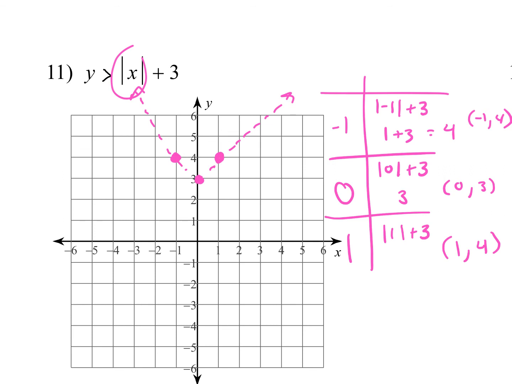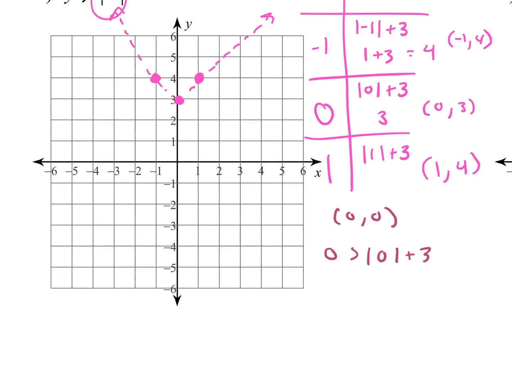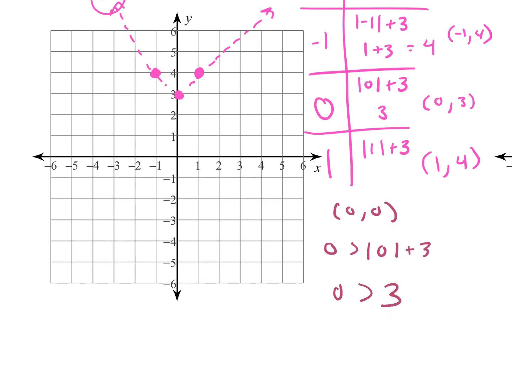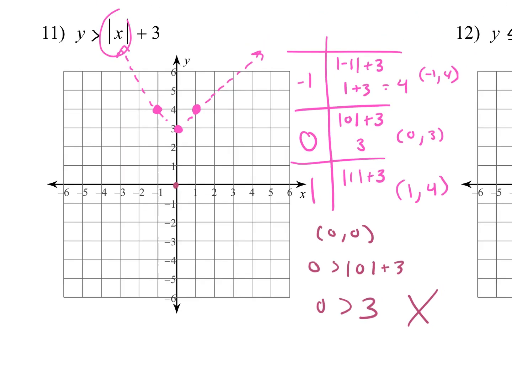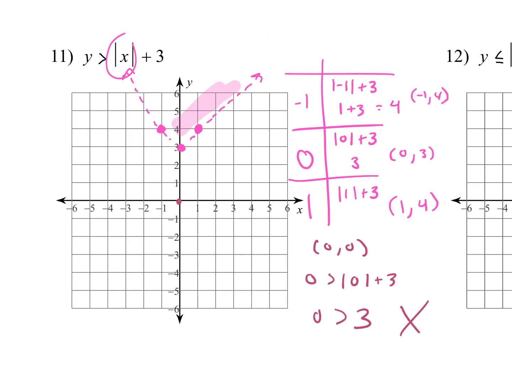To see where I shade. 0, 0. So 0 is greater than 0 plus 3. Is 0 greater than 3? No. So where am I going to shade? Inside the V. Shade where 0, 0 is not. So that would be inside.